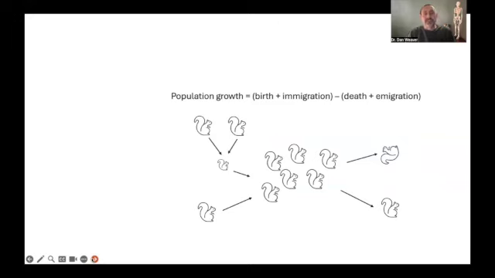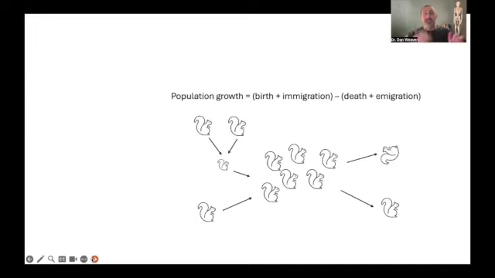So here's our population of squirrels. Going into that population of squirrels are the birth rate and the immigration rate. That is, how many new squirrels are born each year and how many squirrels have moved into that location from a different location. That's going to increase the population. However, the population is also decreasing by death and emigration.